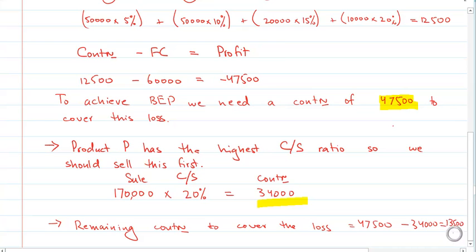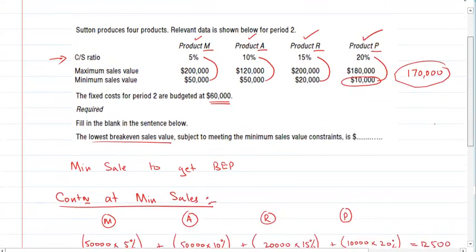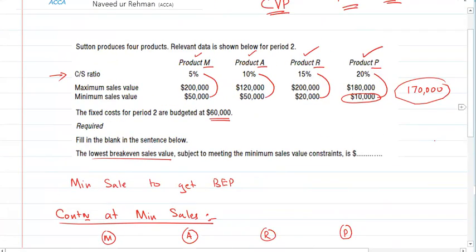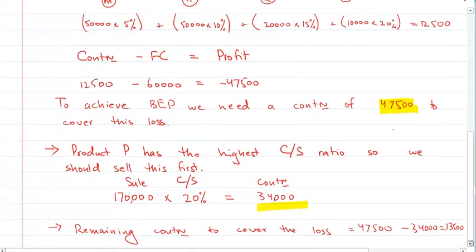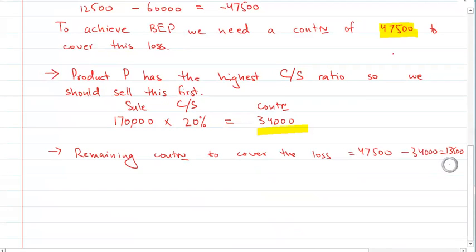Now, product P is sold, and the second in the priority is product R. We need this much contribution more from product R. So we have to see how much sale is required to get this much contribution.